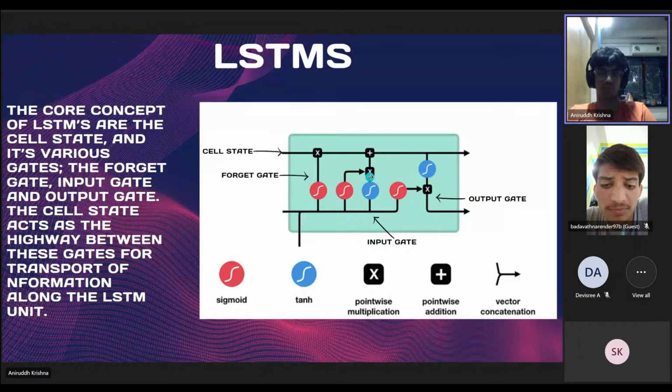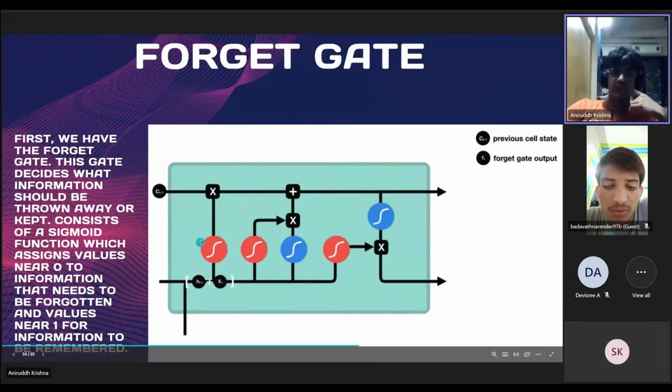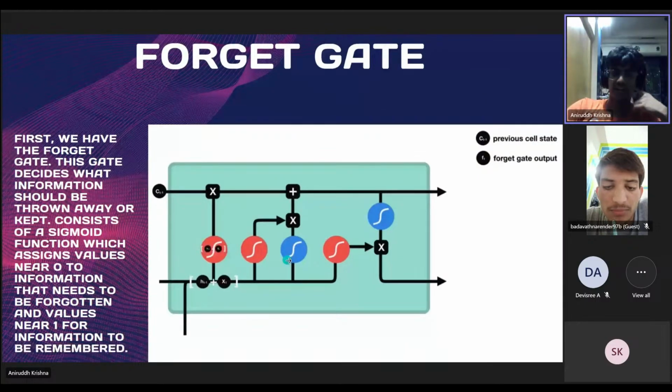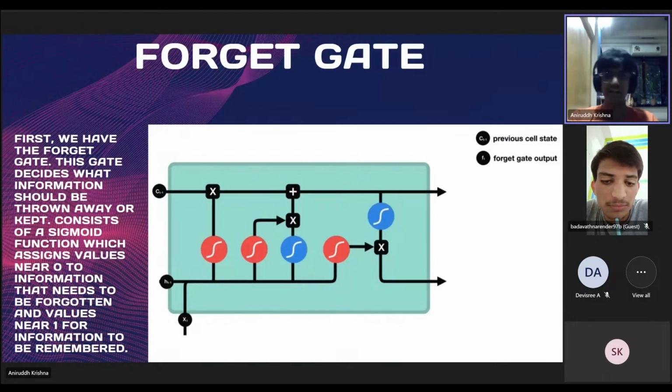This wavy line inside the orange circle is a sigmoid function, and the blue circle is the tanh function. In the forget gate, we have a sigmoid function, which helps us forget some specific data, in vague terms. If we have a huge amount of data, the sigmoid function would give values close to 0 to the information that we don't need, and values close to 1 to the information that we need.